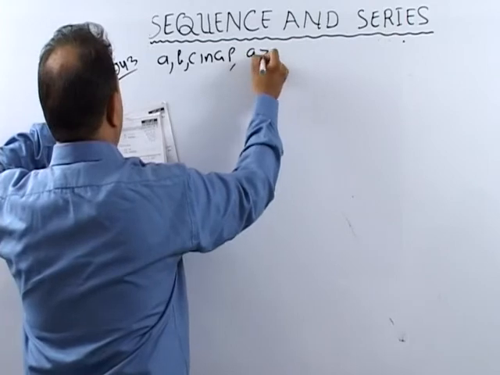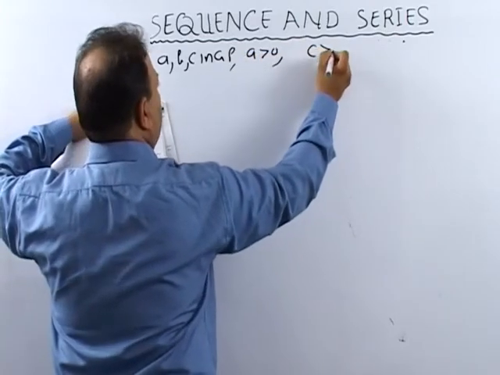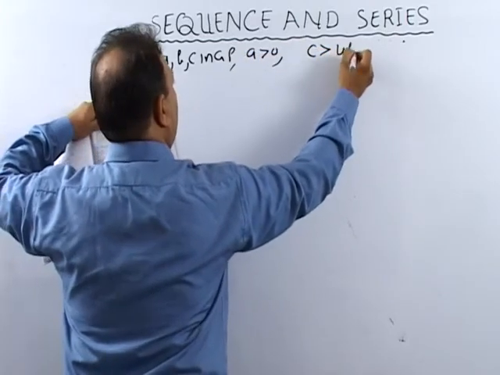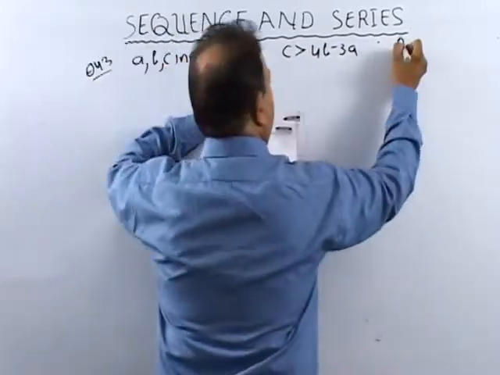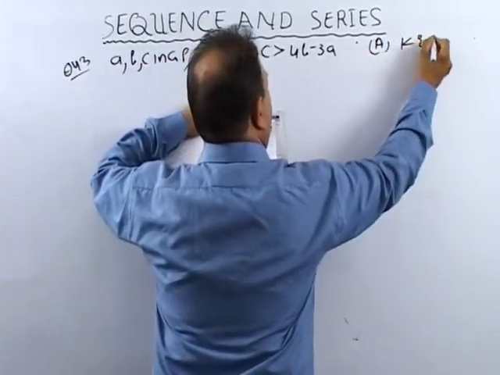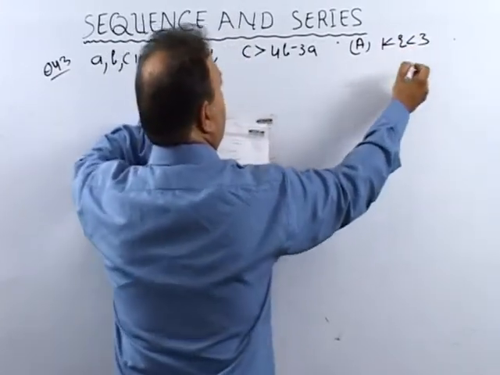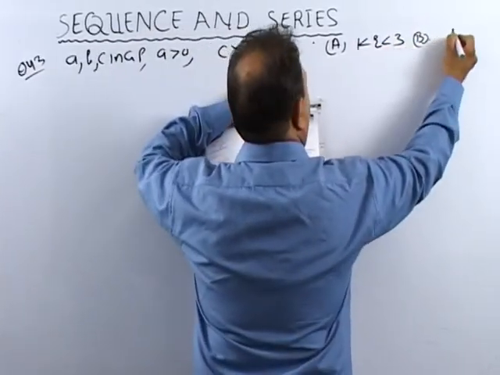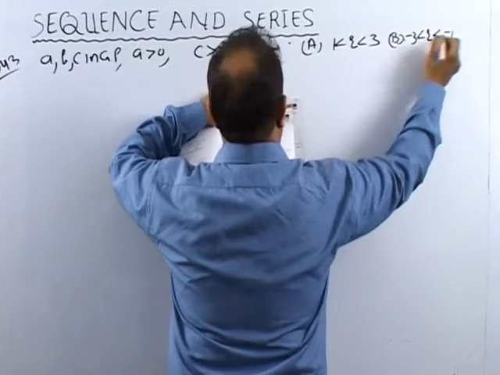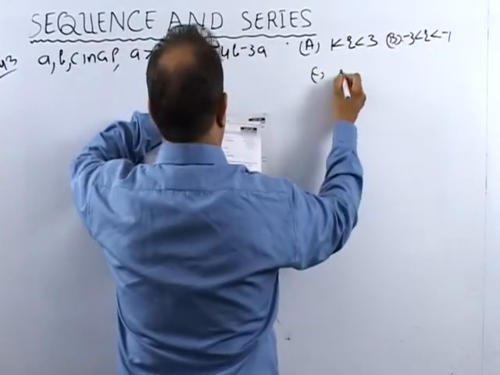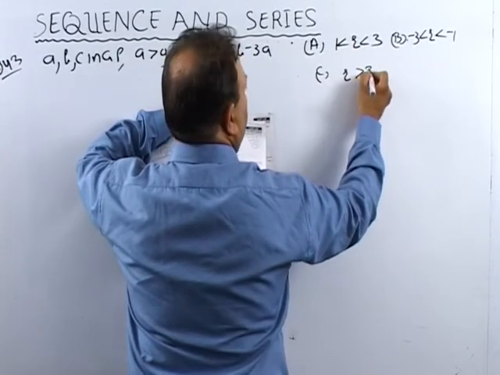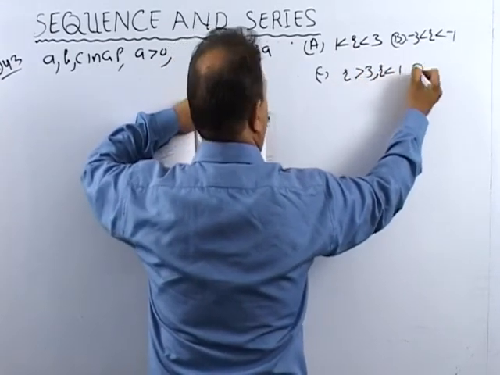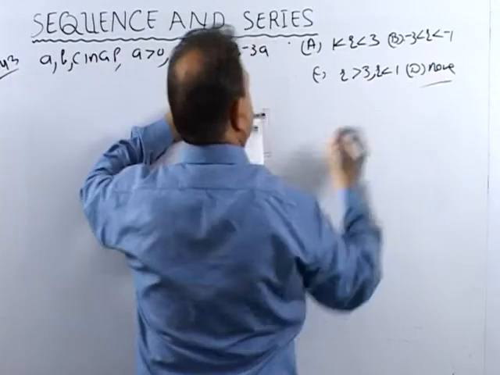We have been given A greater than 0 and the relation has been given out, say C greater than 4B minus 3A. Then option has been given out, it is A: R lies between 1 and 3. B option is R lies between -3 and -1. C option is R greater than 3, R less than 1. And D option is none of these.